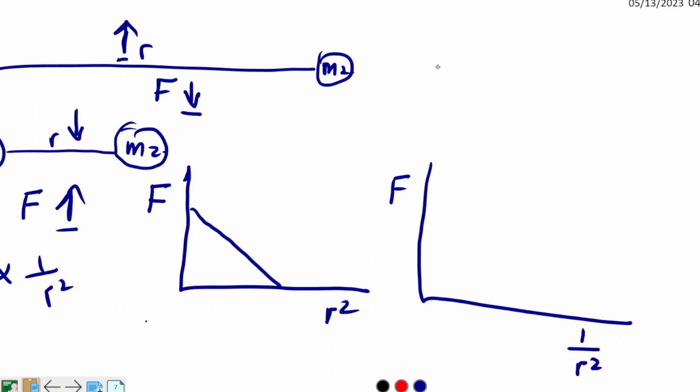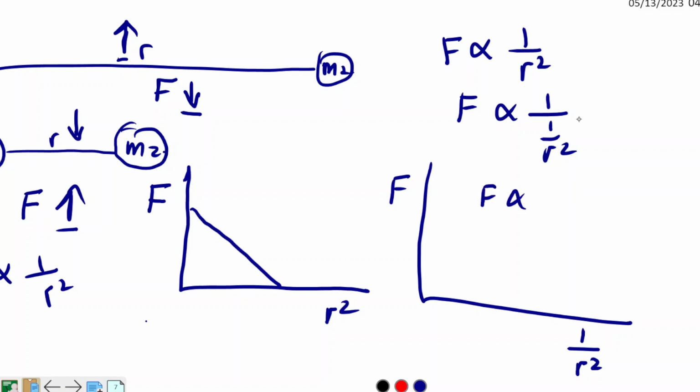But if you have the inverse of the square of a distance, we know that we have to flip this over to become r squared.